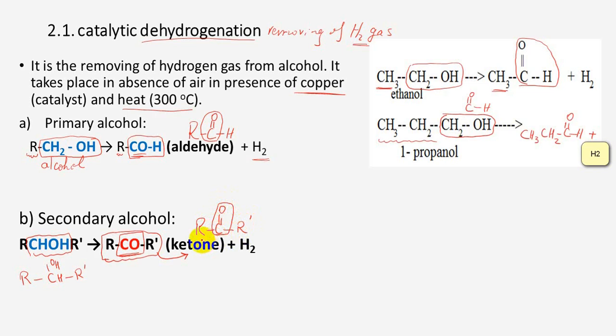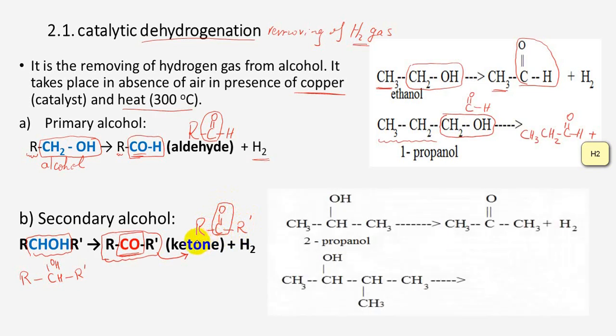We're changing the carbon of the functional group into another organic compound. Also, in this example, we have the following two secondary alcohols. The first is 2-propanol. 2-propanol is a secondary alcohol. The functional group is inside the chain.